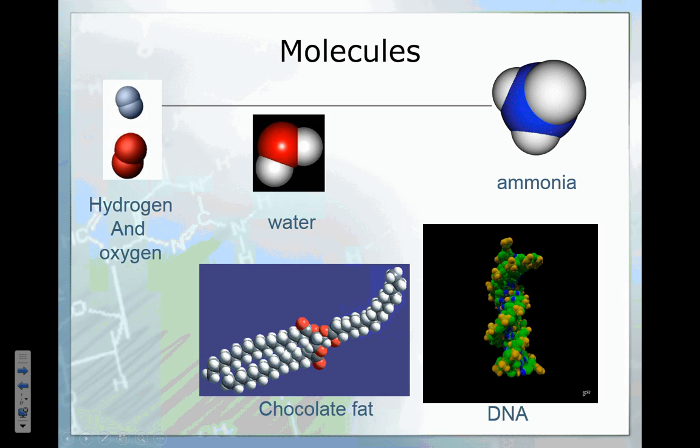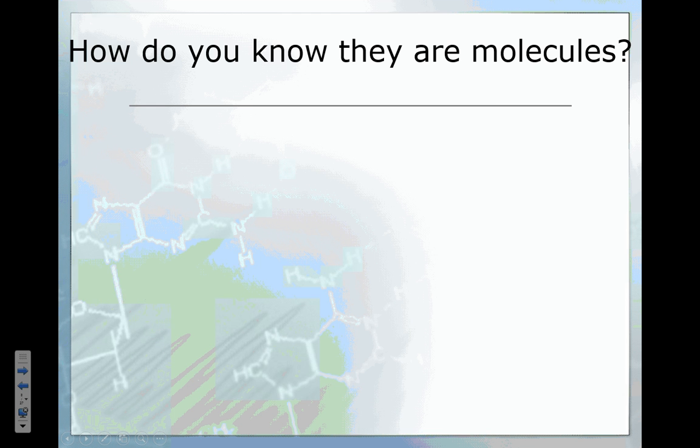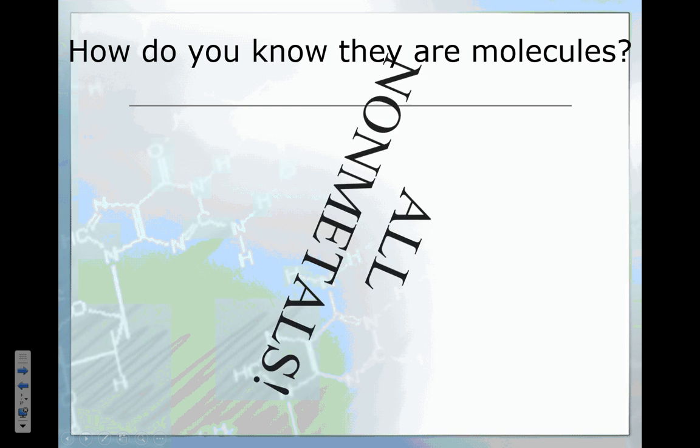Well, from our previous chapter, one of the things we talked about was molecules are typically made of non-metal atoms. And everything you see here basically is a grouping of non-metal atoms covalently bonded together, fused together to make a molecule. So a big hint that we have a molecule, remember, is all nonmetals.